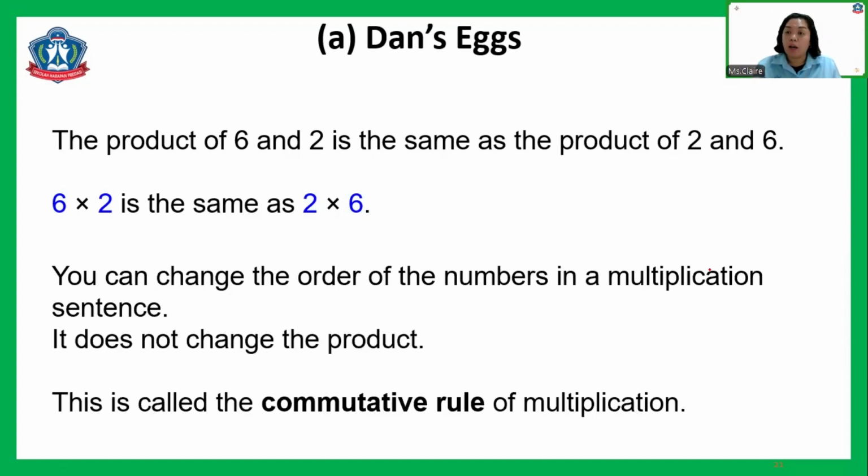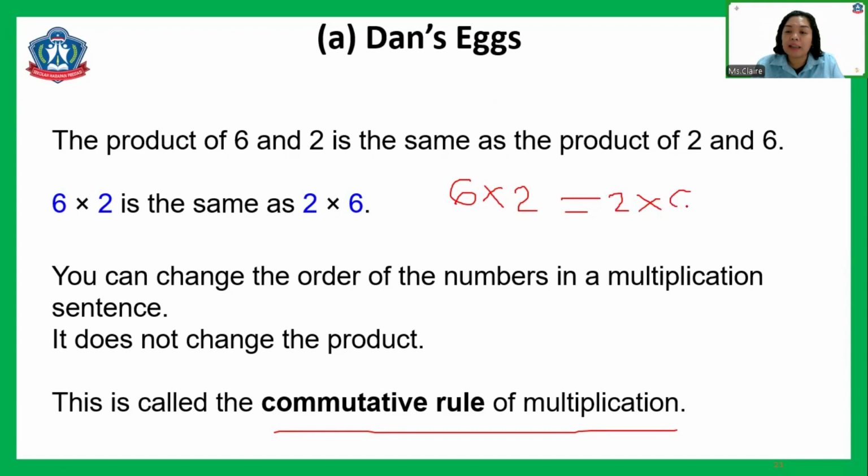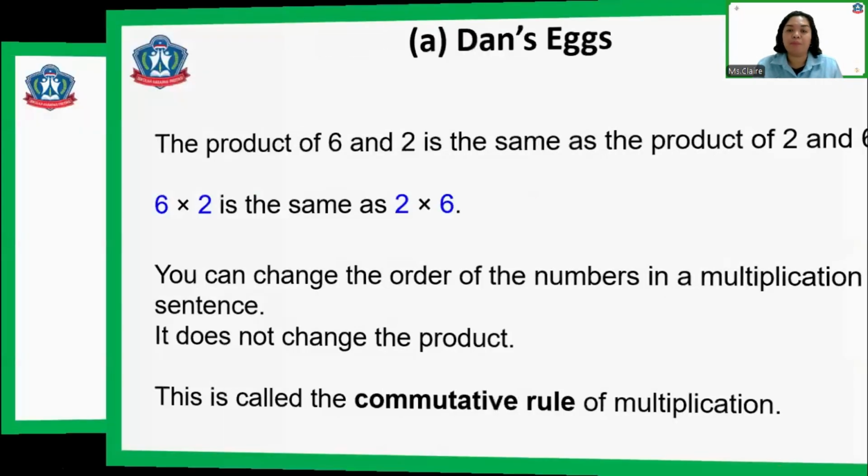This is what we call, P3, the commutative rule of multiplication. We can change the order of numbers in a multiplication sentence, but the answer will not change. So 6 times 2 is still equal to 2 times 6. The answer or the product does not change. And that is what we call the commutative rule of multiplication.